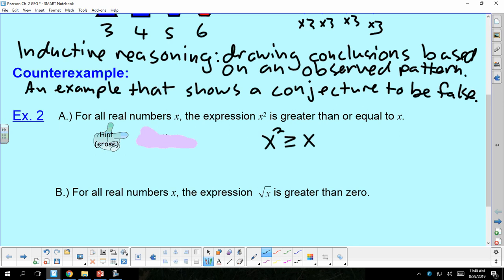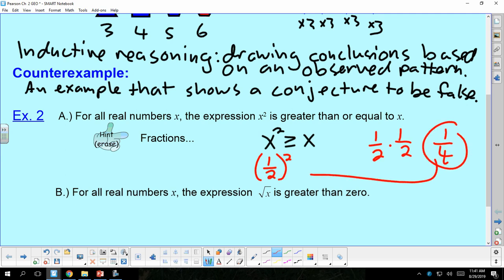This one's kind of easy. It's about fractions. What if I take 1/2? Squared. 1/2 times 1/2 is 1/4. Notice 1/4 is less than that original x. So fractions provide a counterexample for that conjecture.